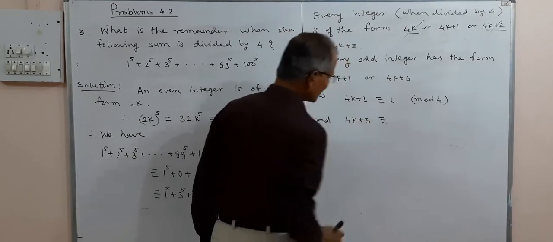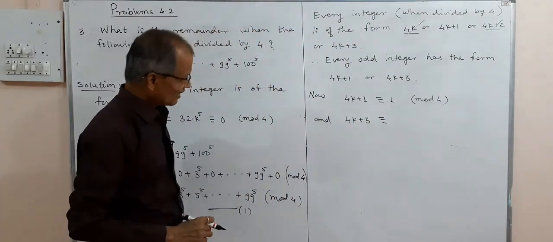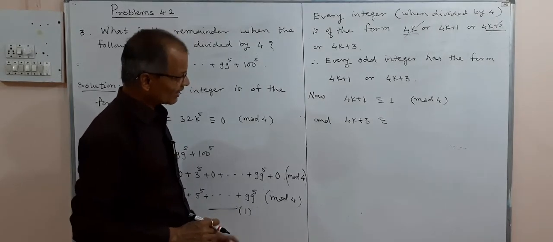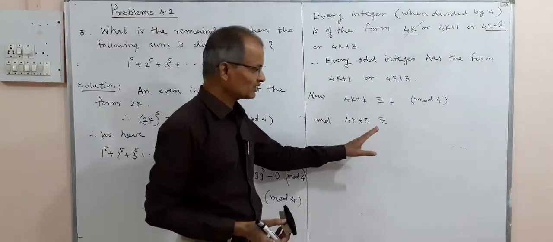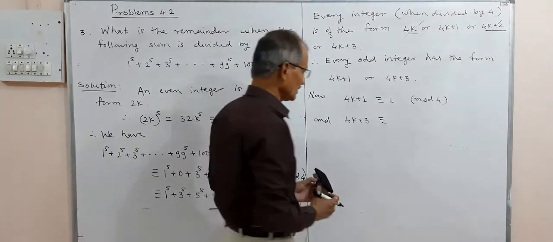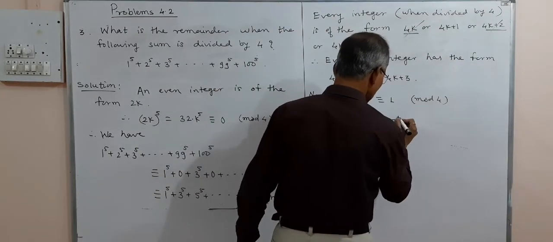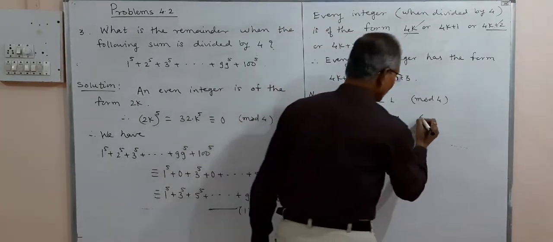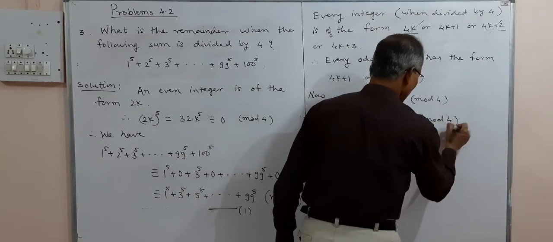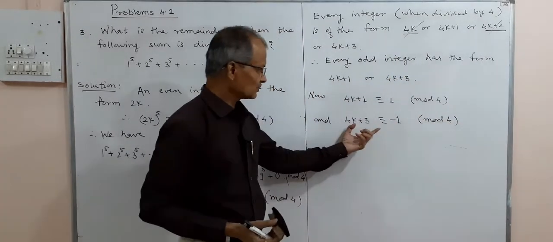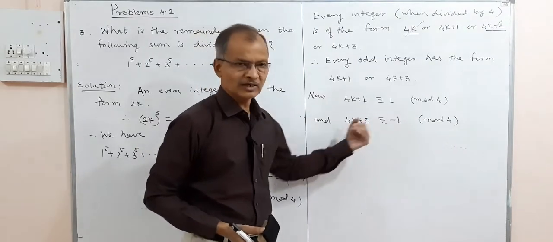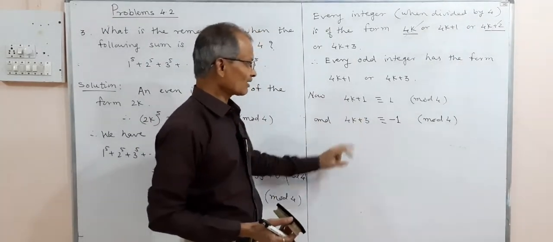We can write it congruent to 3, but we shall consider the smaller number, and therefore we can write it is congruent to -1 modulo 4. Verify: the difference is 4k plus 4, and 4 divides it. So thus these are congruent.